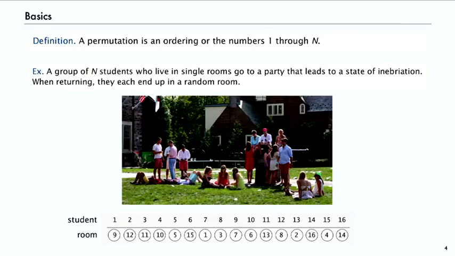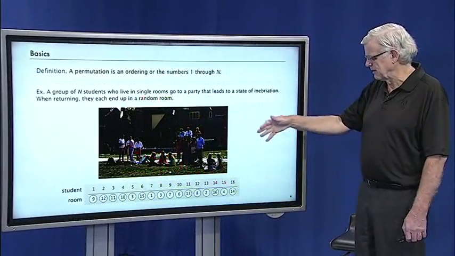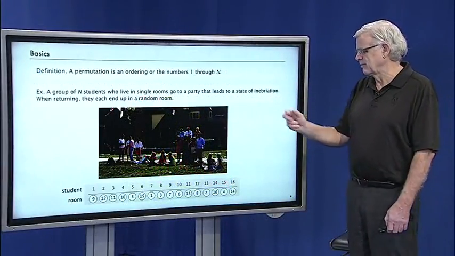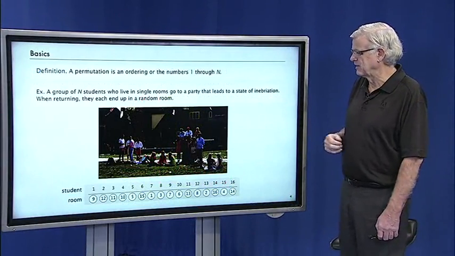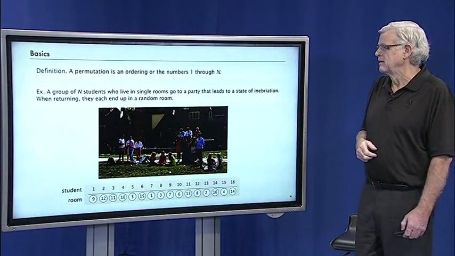You have a group of N students and they go to a party and they maybe become inebriated so that when the party's over they each wind up in a random room. The students have numbers 1 through 16 and the rooms have numbers 1 through 16. Then if you arrange in order by student, what you have is a random ordering of the numbers 1 through 16, or a permutation.